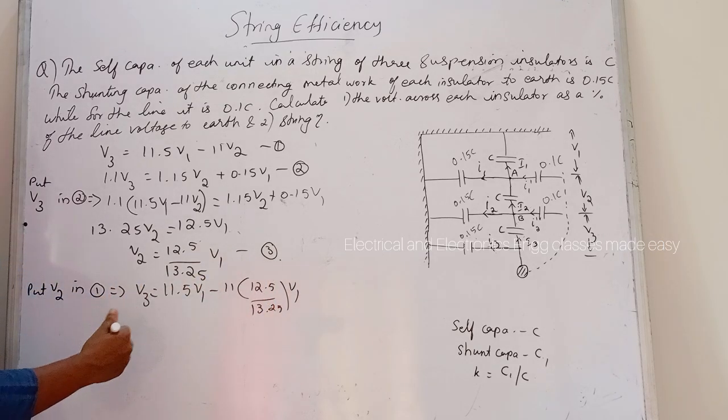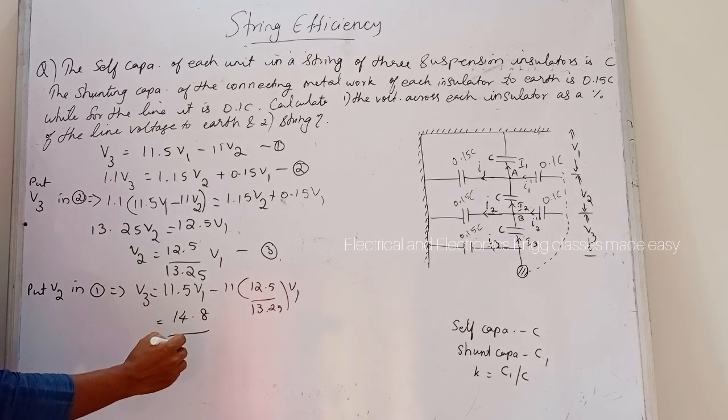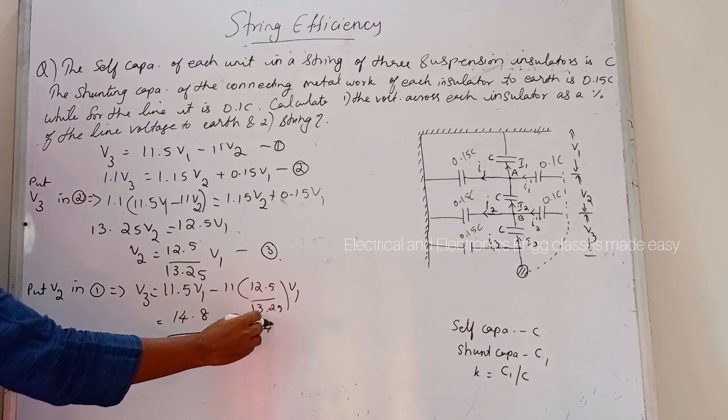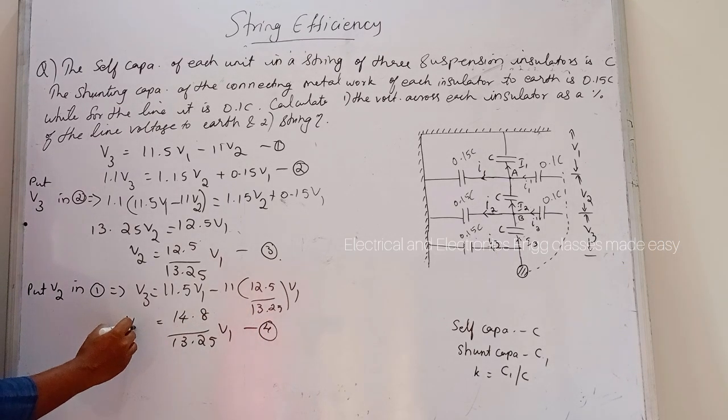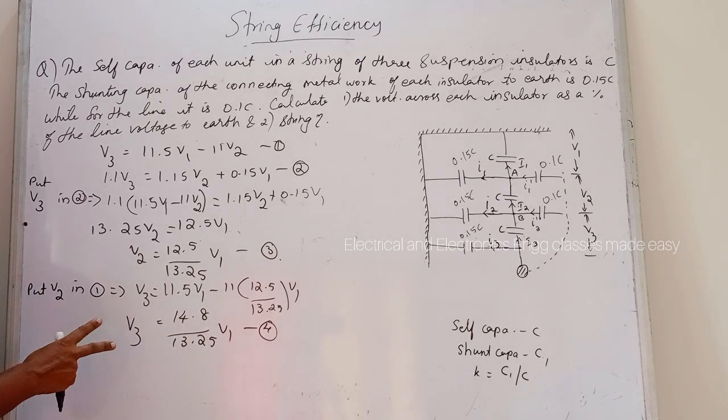Now here we can rearrange. So we will get it as 14.8 divided by 13.25 V1. So this is equation number 4. So V3 is equal to this one. Now we can find the total voltage.